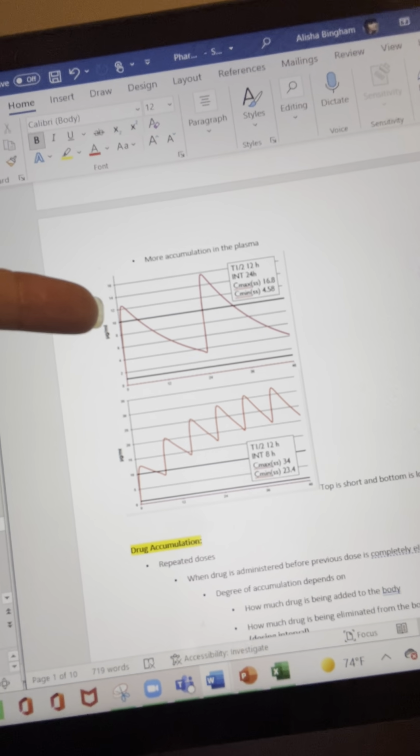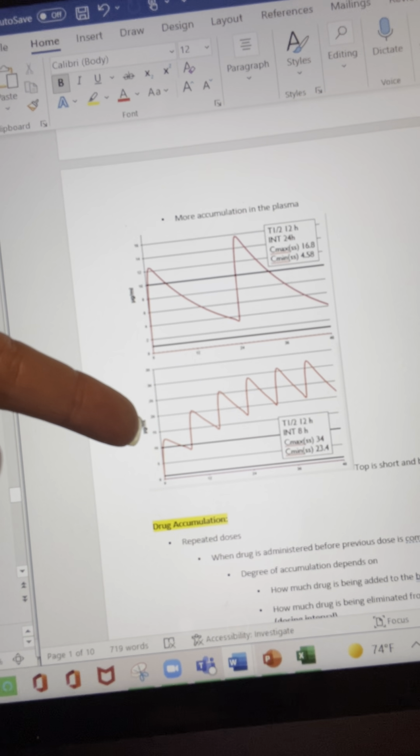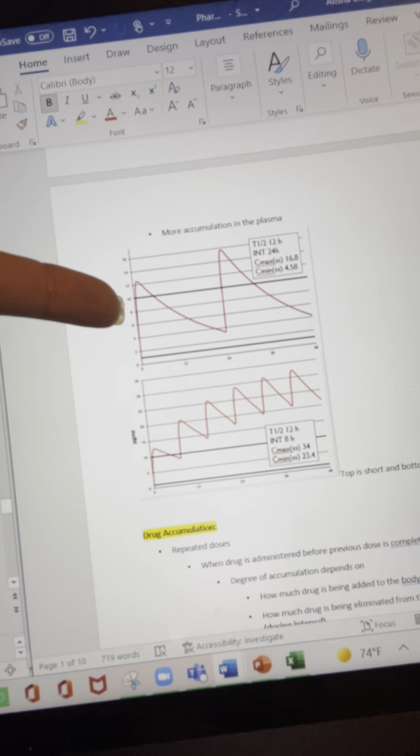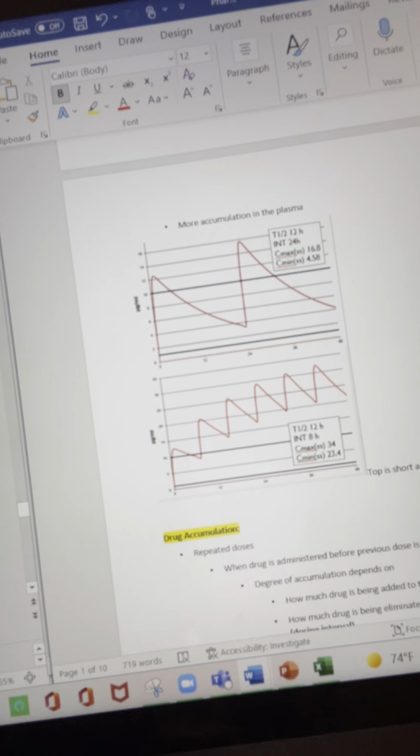So the C max here is lower, it's 16.8, whereas the concentration max here is 34. And then the concentration min here is low, it's 4.58, whereas the C min here is 23.4. So again, long half-lives have less fluctuation, whereas short half-lives have greater fluctuation during the dosing interval.